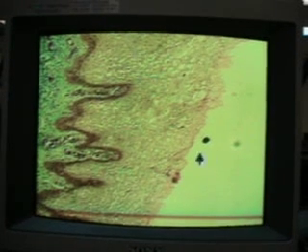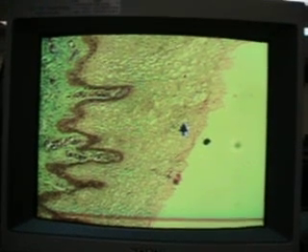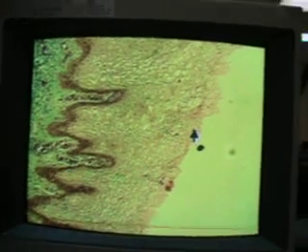And if I go right out to the edge of the epithelium, you can tell that the cells still retain nuclei. So this is non-keratinized, stratified squamous epithelium. This surface would be wet, sees very little force, and so there's very little reason for keratinization.